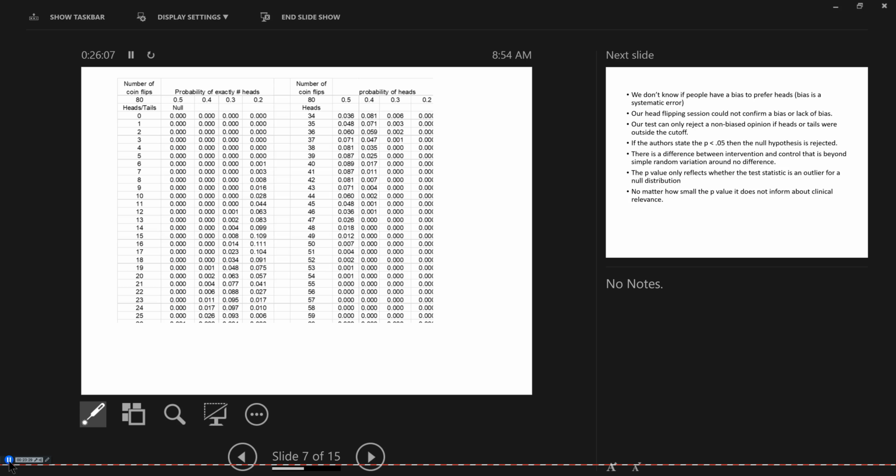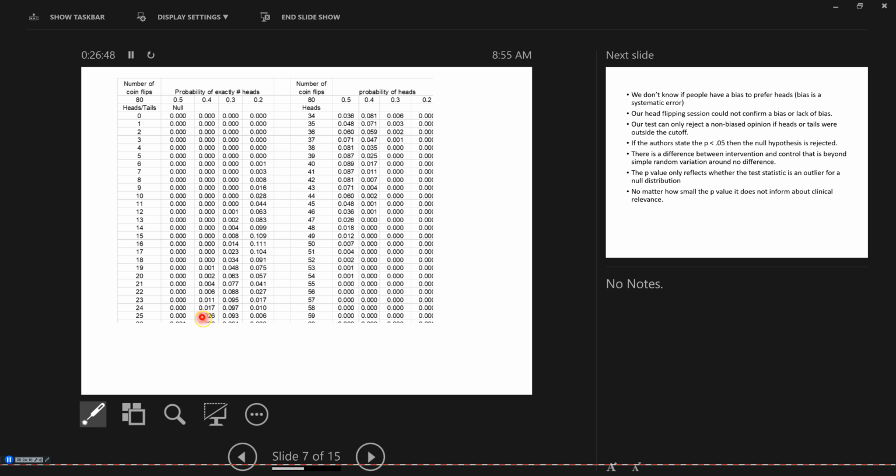I have a coin flip table here, and this is just kind of an example. If the actual coin is fair and the probability is 0.5, then the probability of getting 35 heads out of, I guess this is out of 80. To get 40 would be 50%. 35 is 0.048, so that's a one-tailed test.